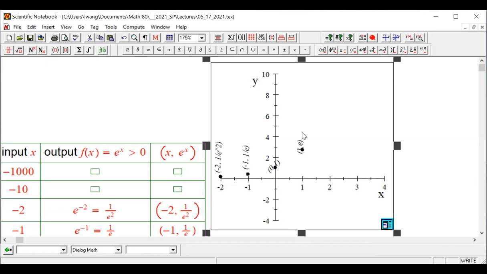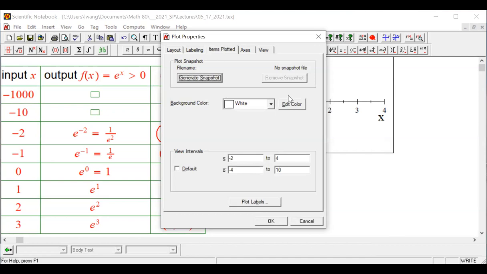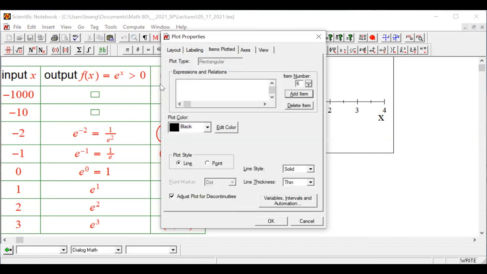Okay, we'll move up a little bit, but let's stop trying to be the perfectionist, right? Being perfectionist takes a lot of time. So this works. This is good enough for us.